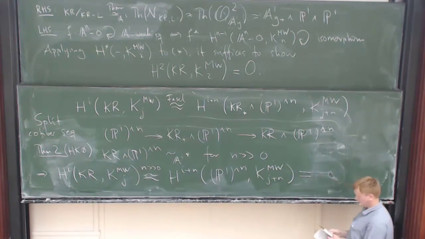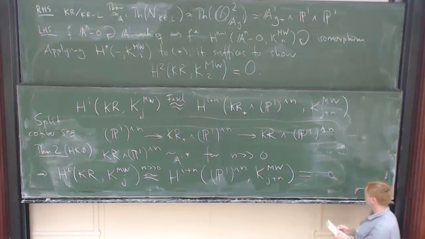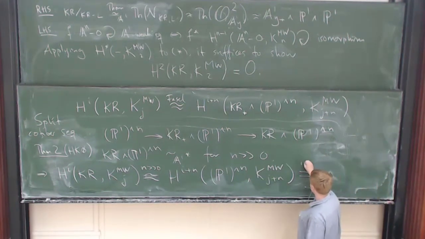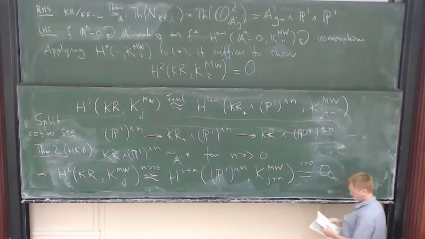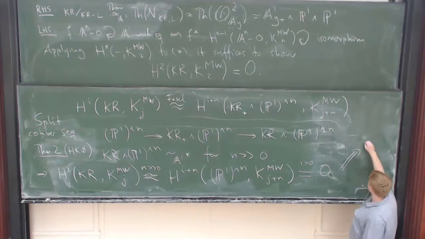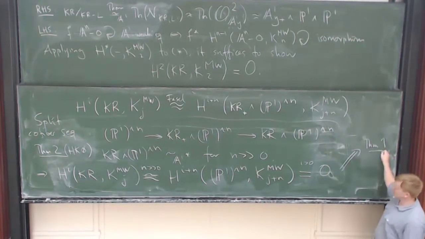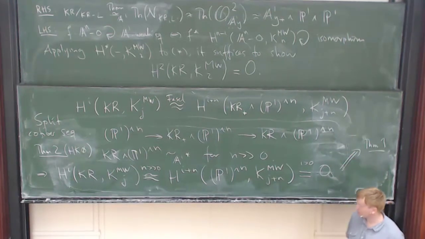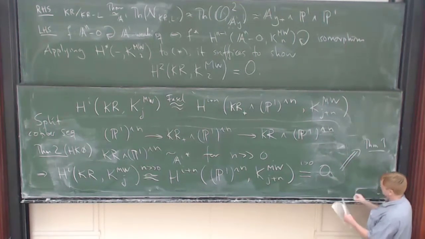And this is known to vanish for i positive. So this implies theorem 1. We're only interested in the case where i and j equal 2.